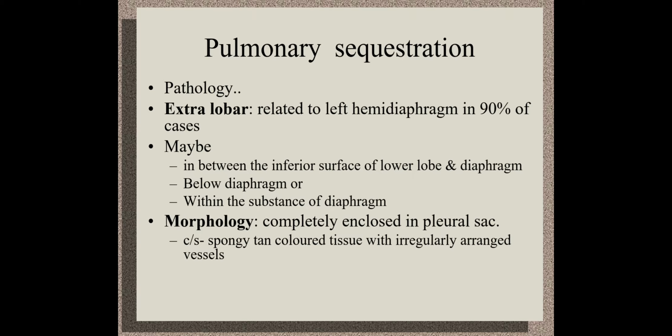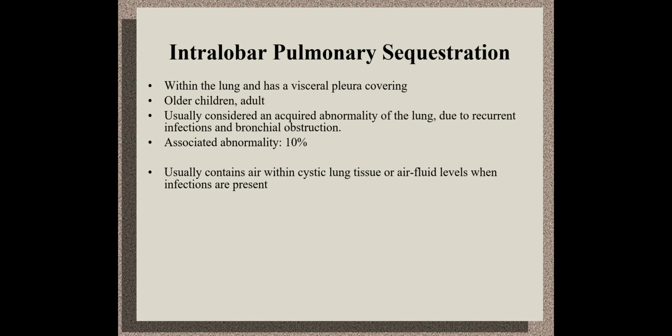Extralobar is related to the left hemidiaphragm in 90% of cases. It may be between the inferior surface of the lower lobe and the diaphragm, below the diaphragm, or within the substance of the diaphragm. Morphology: completely enclosed in a pleural sac, separate from the lung.